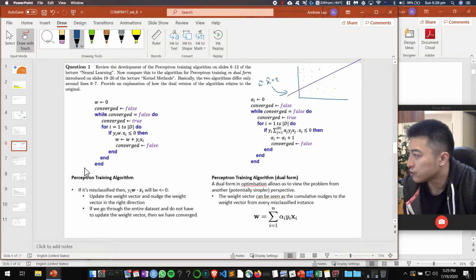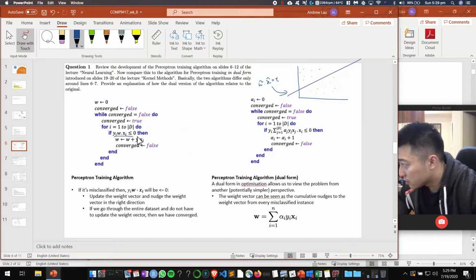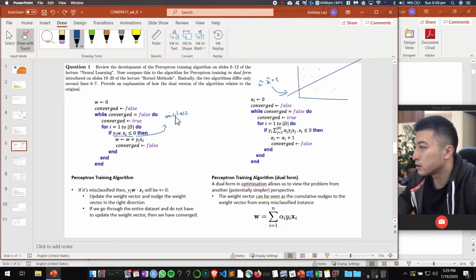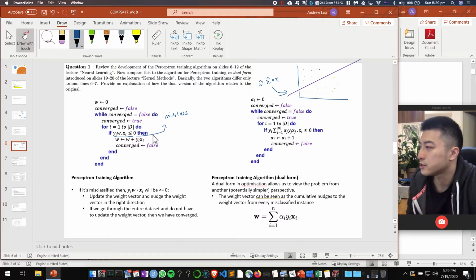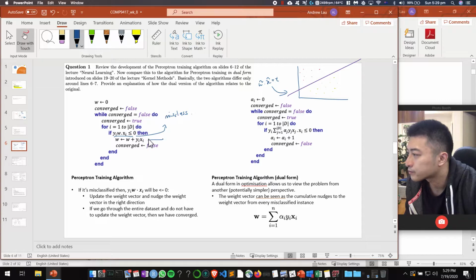Effectively what you do is you cycle through the data set, right? And this is when there's a misclassification. When there is a misclassification, you would nudge the weights, right?